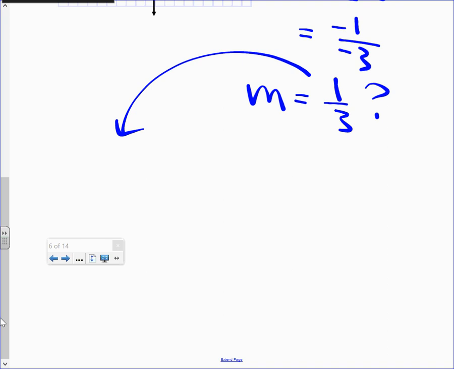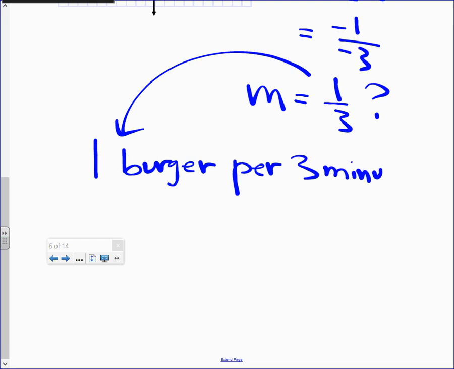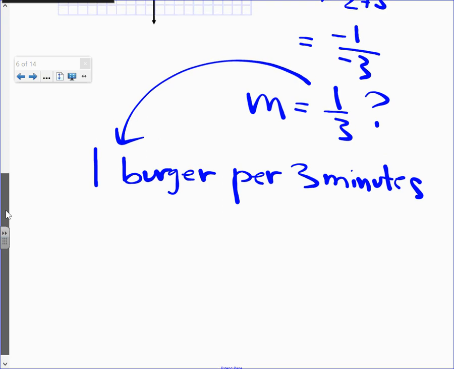I'm going to write this down. 1 burger per 3 minutes. So that's exactly what it means. I'm eating 1 burger for every 3 minutes.